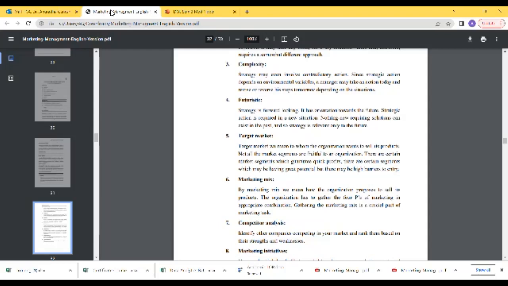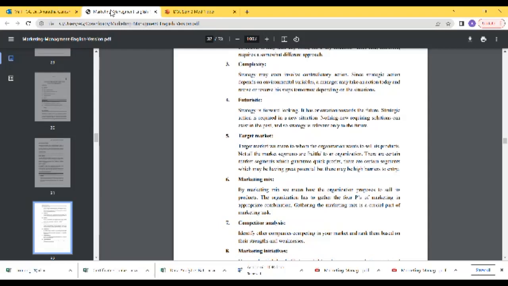So the same chocolate, which was only supposed to be given as a gift for others, is now considered as a daily routine to be had after the meals. So here, the target market gets shifted. As a result, the customers who are now in contention for the product are widened, are broadened. So here, the marketing mix will also change.